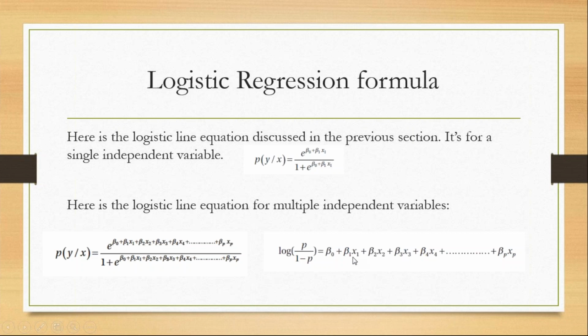So all it has done is take the probability of happening versus not happening. This is the probability of how likely it is and how unlikely it is. So it is the ratio of these two, and the log of this comes out to be my linear model, or the regression line that I've created.